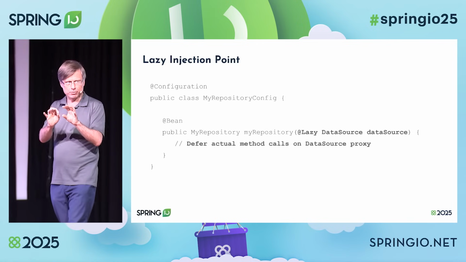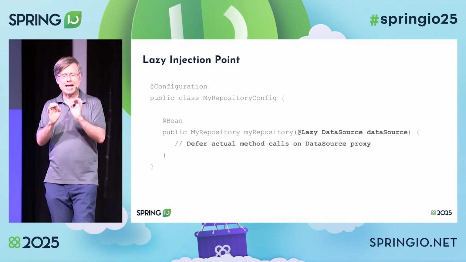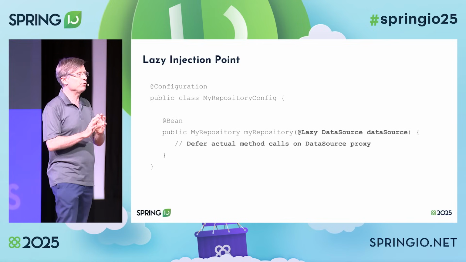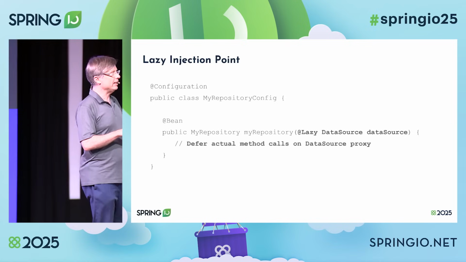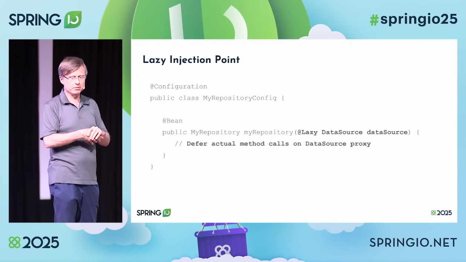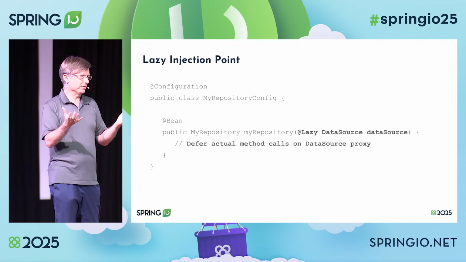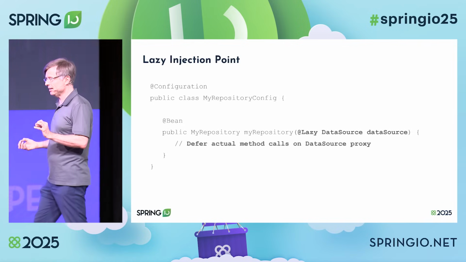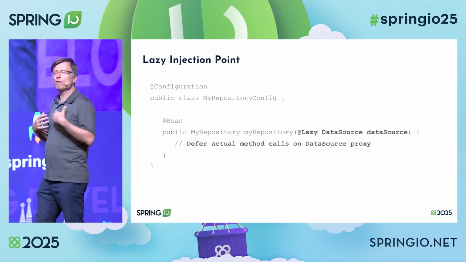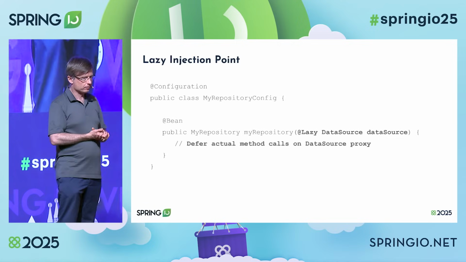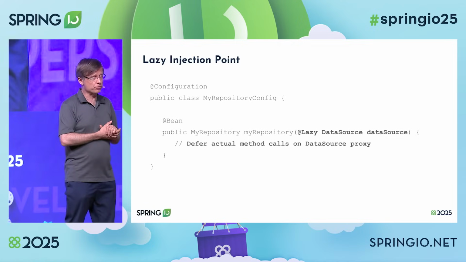For the injection point, this only means that at the time of calling this factory method, the data source does not have to be fully initialized. And that opens up a lot of potential. Think about concurrent bootstrapping, think about circular references, right? By saying that you don't need this to be fully initialized yet, you're giving freedom to the container to optimize the bootstrap sequence. So what do we actually do at runtime here?